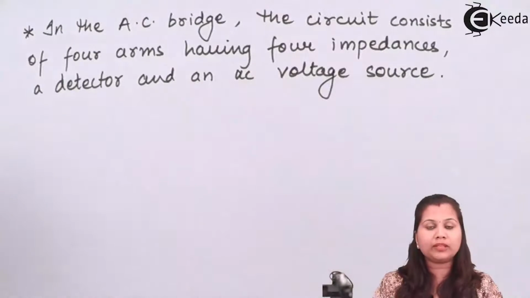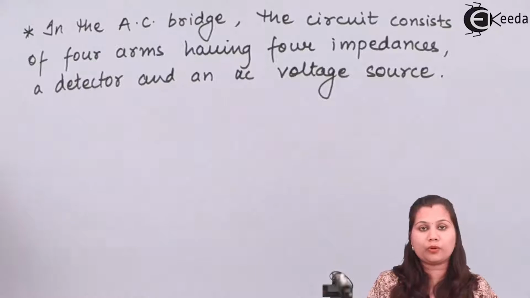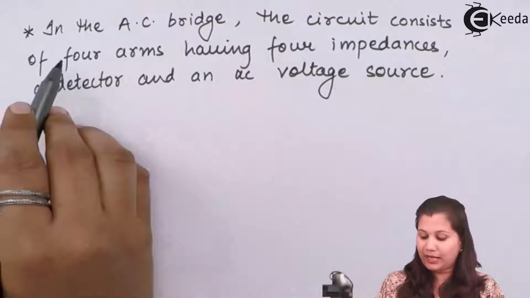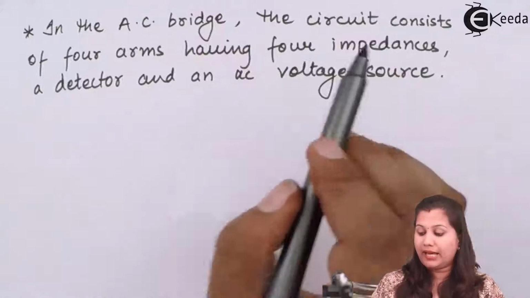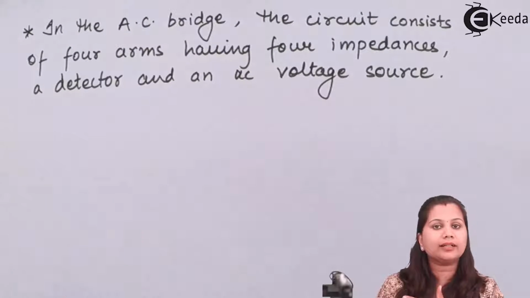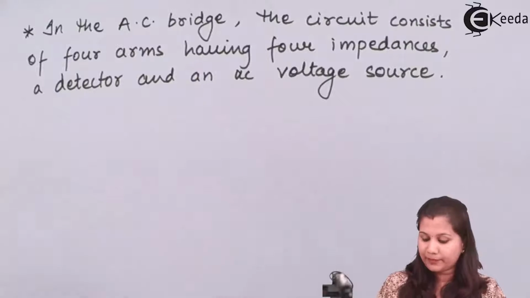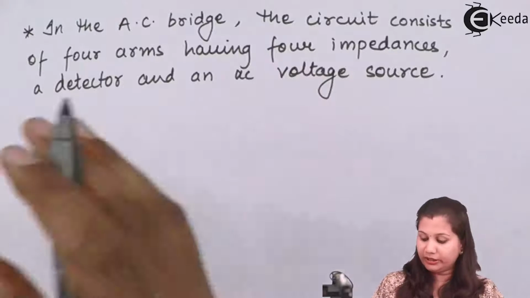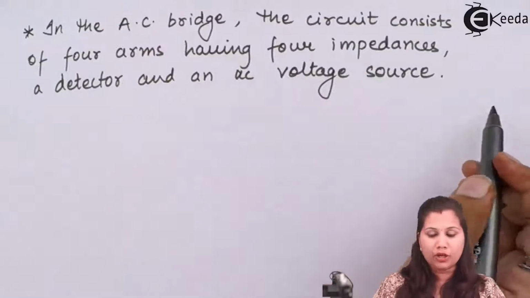So the difference between the Wheatstone bridge and an alternating current bridge is that in the Wheatstone bridge we have 4 resistances, while in alternating current bridges we have 4 impedances. Impedances are the combination of resistance, capacitance and inductance. Instead of the galvanometer, we have a detector, and in place of the battery, we have an AC voltage source.